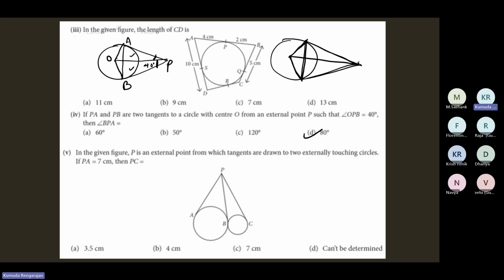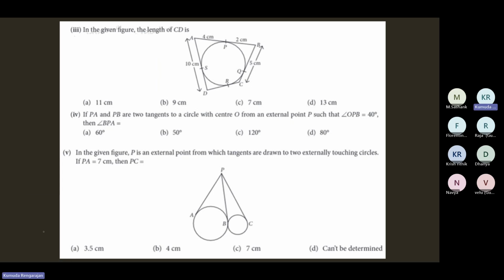So this is the standard figure. In this figure, you'll have to mark the information given. So here PC is 7 centimeters, because PA is equal to PB and PB is equal to PC. So 7, very good.